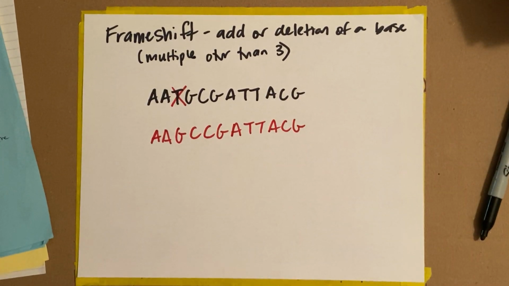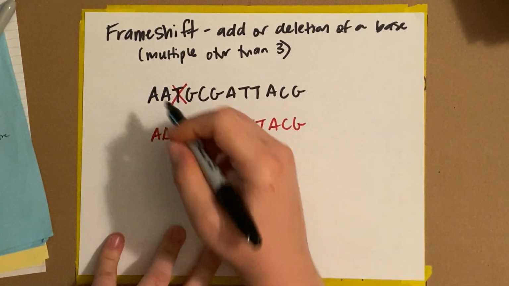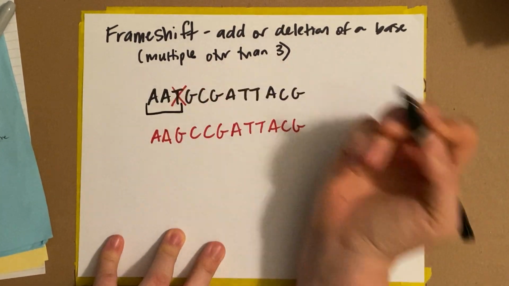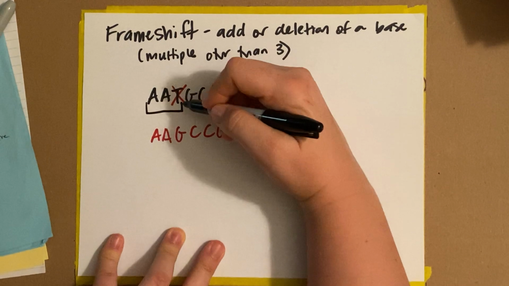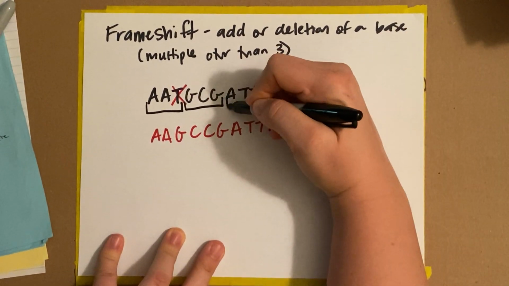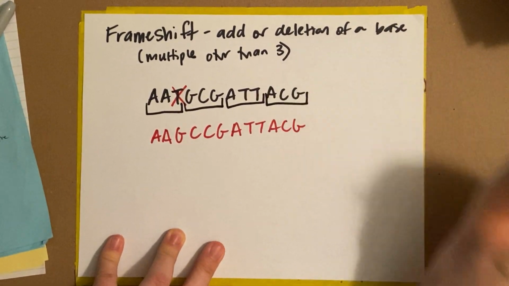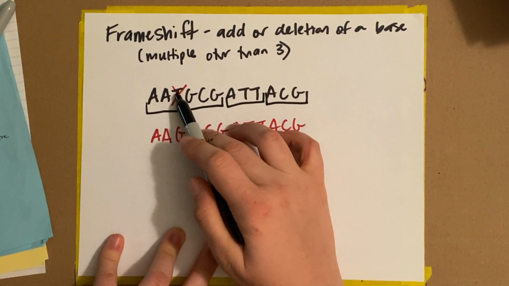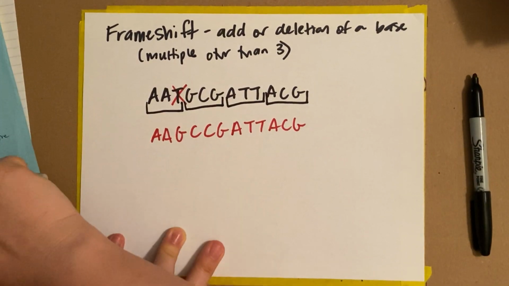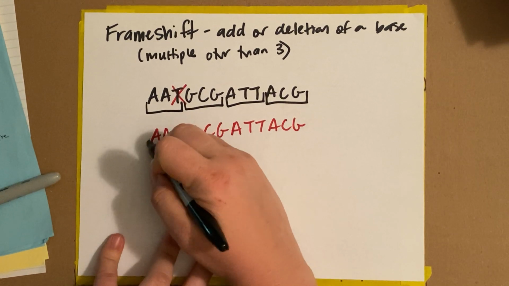Okay, so what this is going to do is that originally, once we got to the RNA, and I'm not going to write out the RNA, you would have read the codons like this, okay? But because this has been deleted, you're no longer going to read it like this. You're actually going to read it like this.